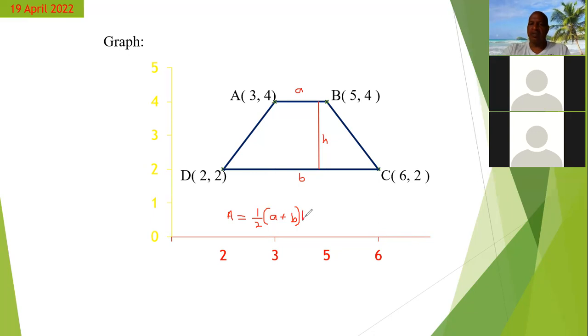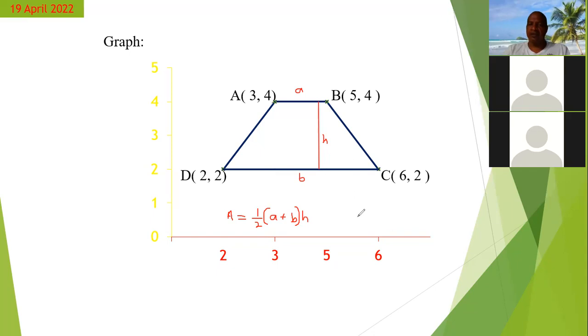Now, when you think about the area of a triangle, it is half base times height. But in this case, we can think of the base more like the sum of the two parallel sides. So that's the formula.